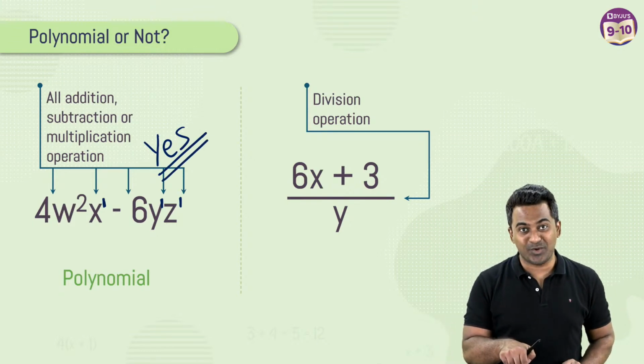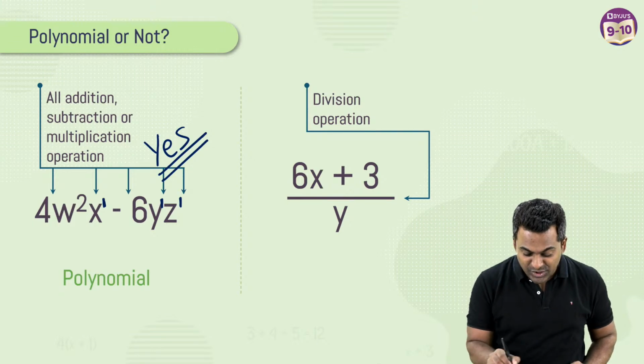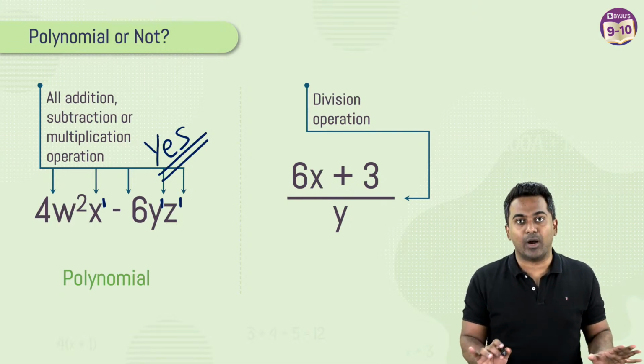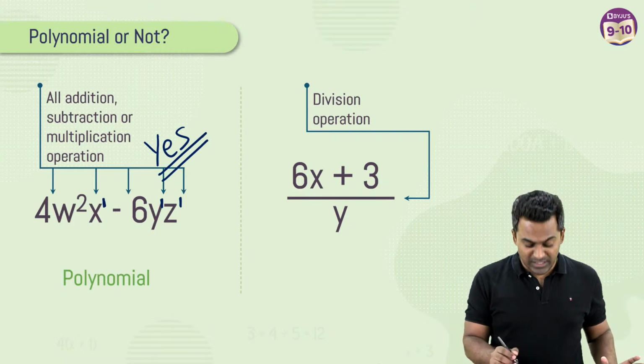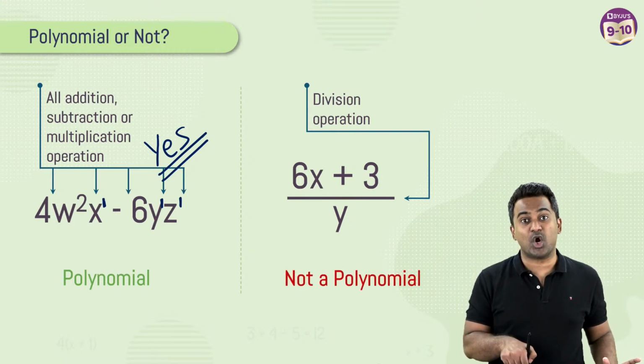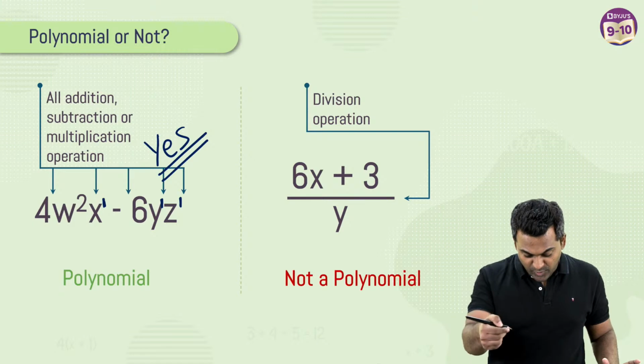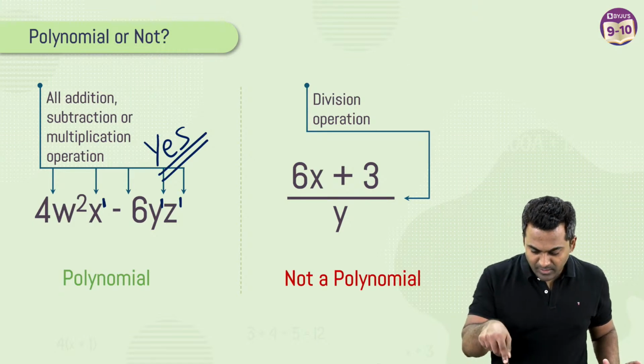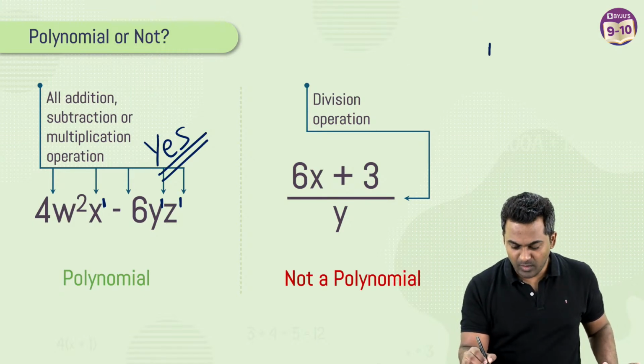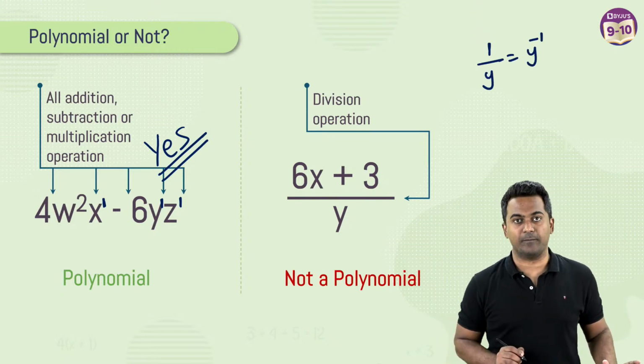But this is not going to be a polynomial because, as I said, division is not allowed. Division is not allowed, and this is the reason why this is not going to be a polynomial. Because if I were to rewrite it, look, you've learnt it in exponents, right? 1 by y can be written like y to the power minus 1.